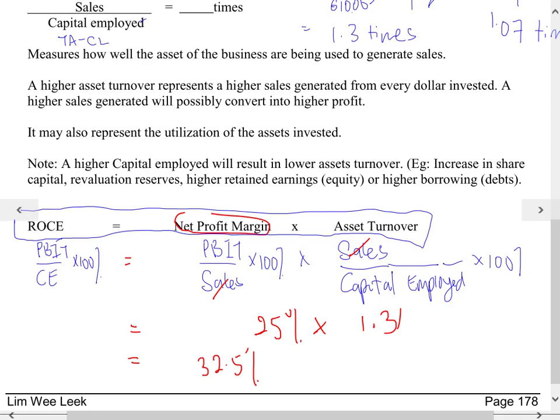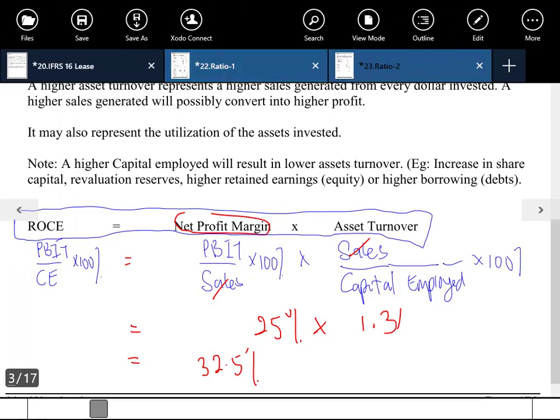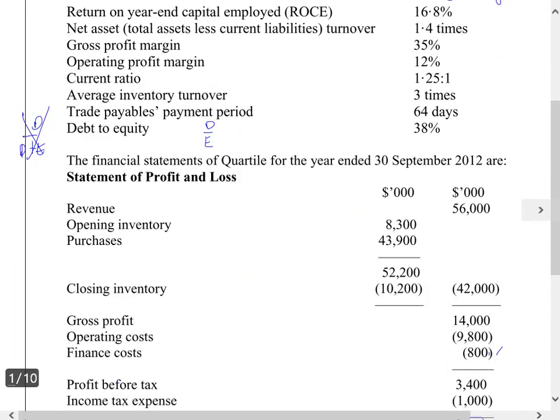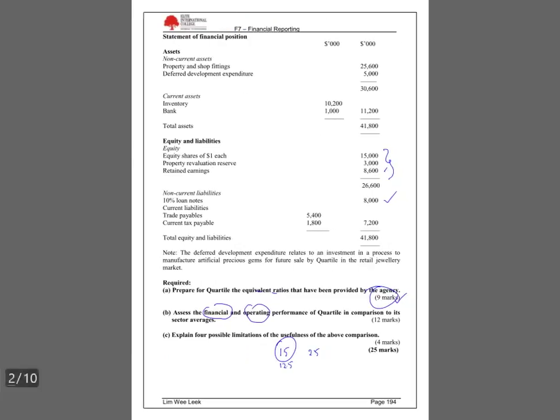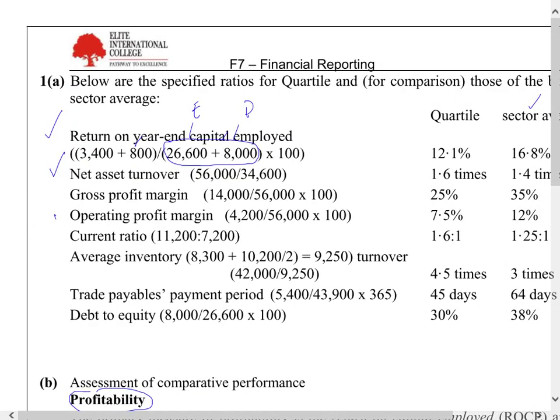Correct? So we have ROCE equals net profit margin times asset turnover. You use a calculator and check. So 1.6 times 7.5, do you get 12.1? Yeah. So these three ratios must be mentioned in our interpretation.